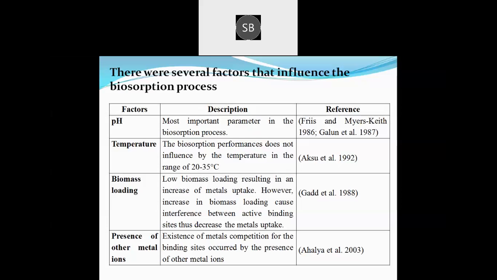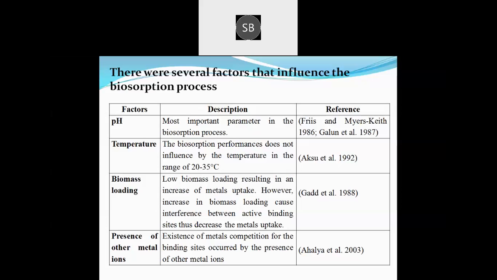We will see the factors influencing the biosorption process. The pH could be the main governing factor, because this process requires a specific pH for metal adsorption. The second parameter is temperature. The biosorption process is of great concern in the range of 20 to 35 degrees centigrade. The third one is biomass loading.